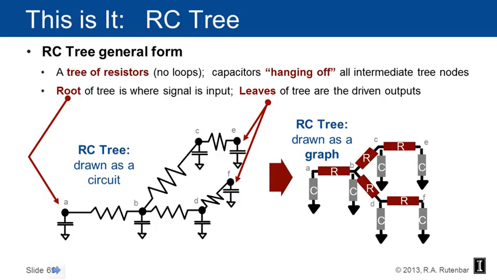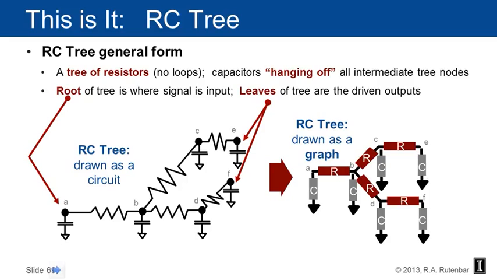And for a second, we might just redraw this like a graph, to take away the circuits feel of it. It's the same tree. There's resistors, there's a box labeled R, and there's a capacitor, a box labeled C. And there's a tree of resistors from A to B, B to C, and C to E, B to D, and D to F. And at A, B, C, D, E, and F, there's a C box hanging to the ground.